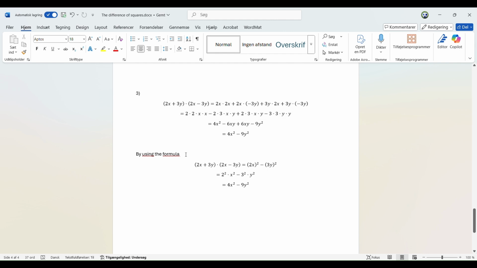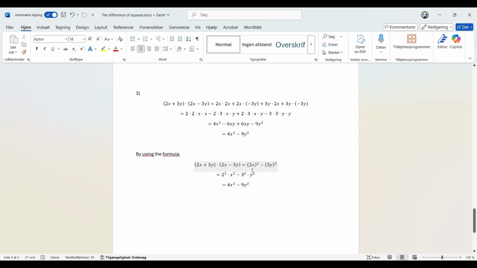If we had just used the formula in the beginning, we could have set the first term squared, so we have to use parentheses around 2x squared, minus, and then the second term squared. And if we've got a term with both numbers and letters in parentheses squared, then we have to use the square, or the power of 2, both on the number and the letter.